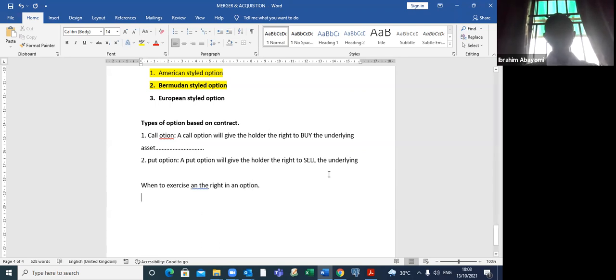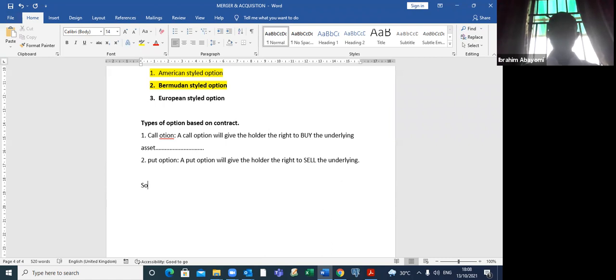We are going to look at this with respect to call. Call option is option to buy. Before I put this, let me explain this concept first.